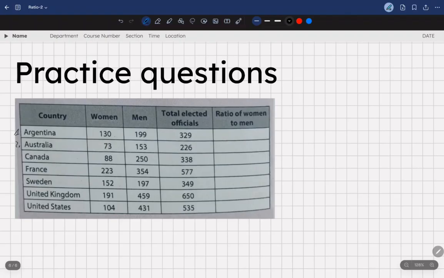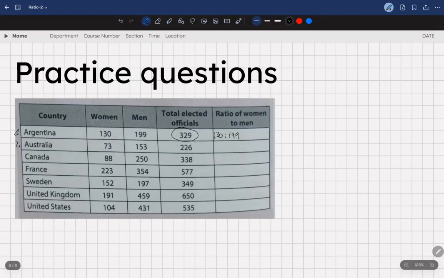So, the ratio of women to men is 130 to 199. As we can see, the total elected officials are 329.